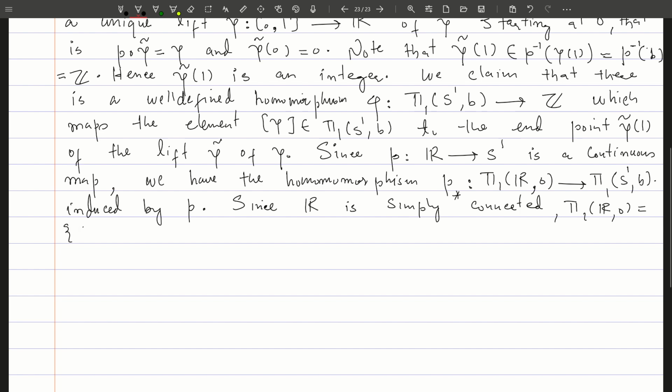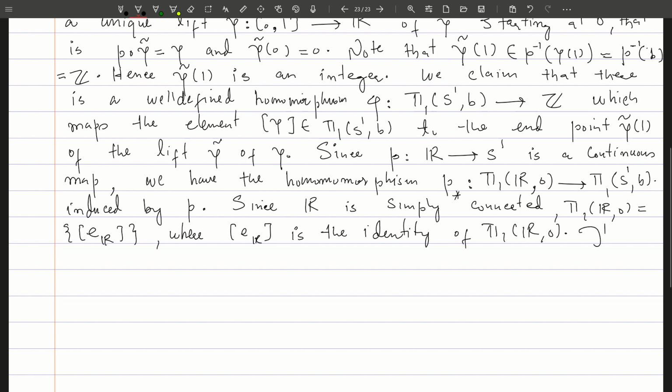It will contain only the homotopy class of the identity element, where e_R is the identity of pi 1 of R at 0.